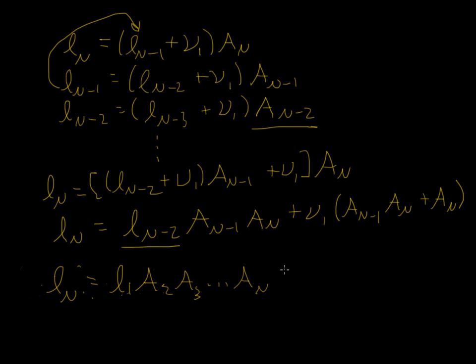So our first A is A2, and we multiply all the A's out through An. Okay, then we've got this V1 term, and every time we do a substitution, we get another product of A's multiplying V1. All right, so what we'll have is V1 times the first product of A's, which is going to be the product all the way from A2 to An.